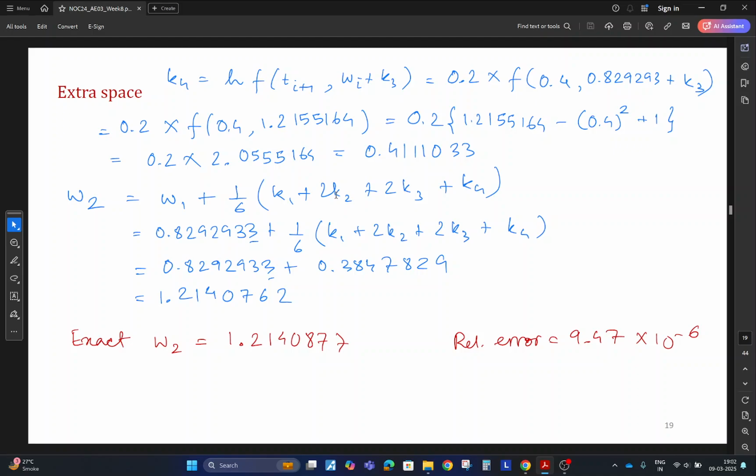So W2 becomes W1 plus 1/6 times K1 plus 2K2 plus 2K3 plus K4, which becomes equal to 0.8292933 plus 0.3847829, which comes out to be 1.2140762. Again, at the end of this step, the exact value of W2 is equal to 1.2140877. Thus, the relative error again is of the order of 10 power minus 6.